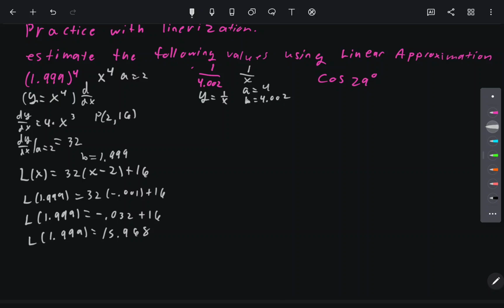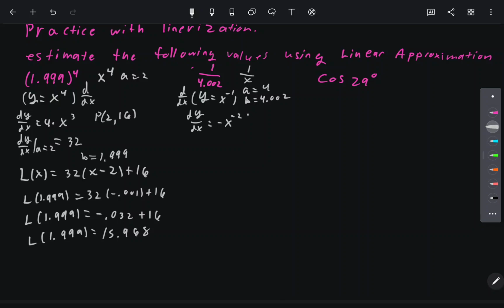So, to start out, we take the derivative, and I'm going to rewrite this as x to the power of negative 1, of both sides with respect to x. So, we get dy/dx is equal to negative x to the power of negative 2 for our answer.